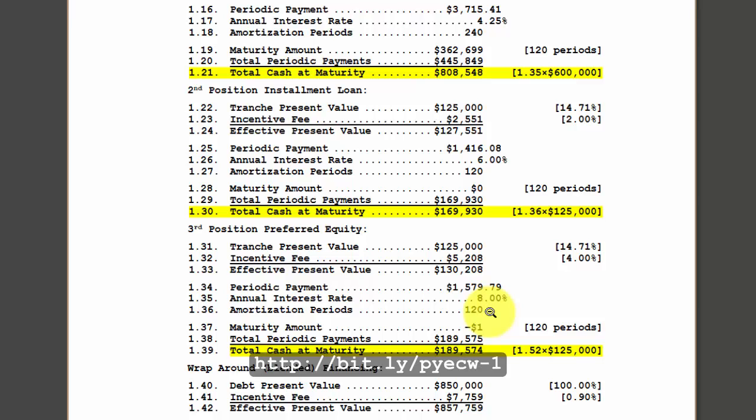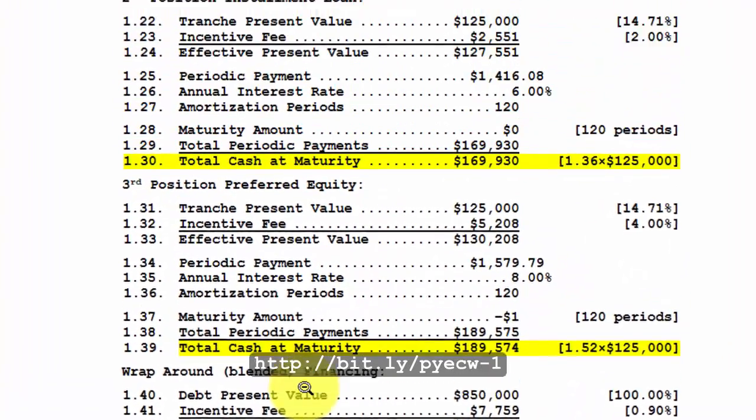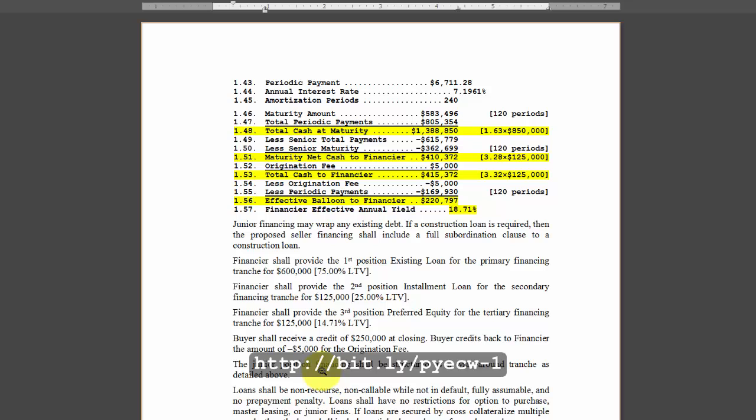And when we present this letter of intent, we would not show the wraparound financing structure. We would just delete these lines and delete any mention of the wraparound. The seller does not need to know about that.